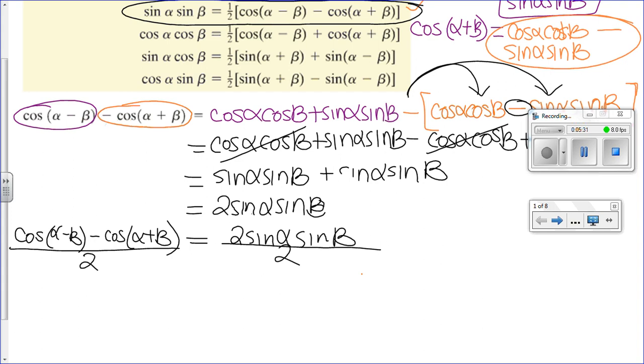If we divide everything by 2, right here 2 over 2 is a 1, and then we will just have sine alpha, sine beta.